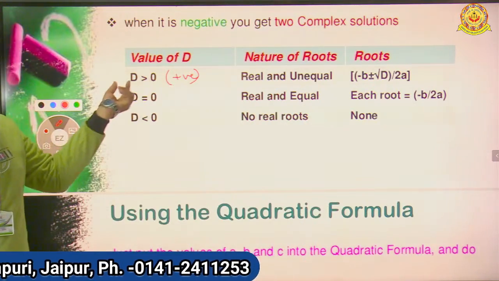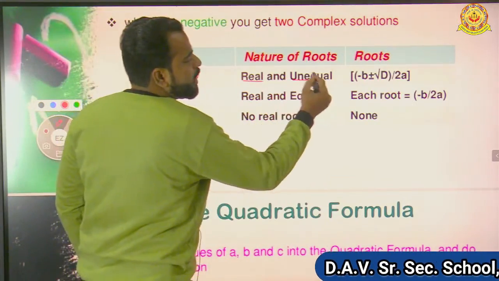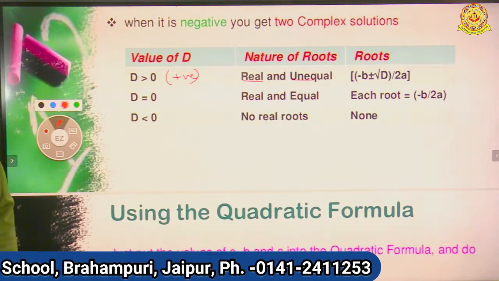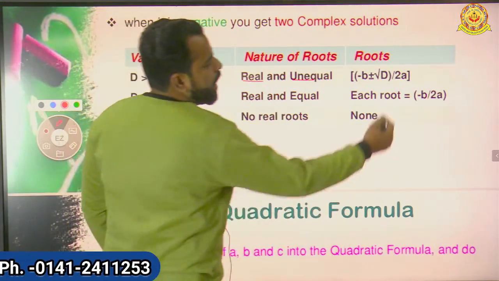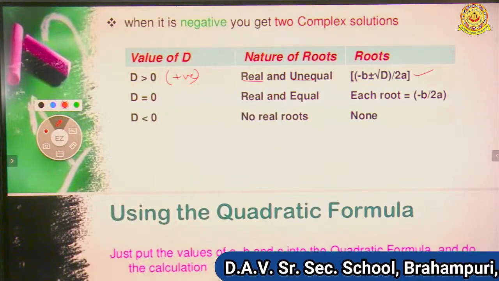So in that case, when the discriminant is greater than 0, you will get real and unequal roots, because of the sign, positive and negative. And how to find the roots? It will come as minus b plus minus under root D upon 2a, the formula.